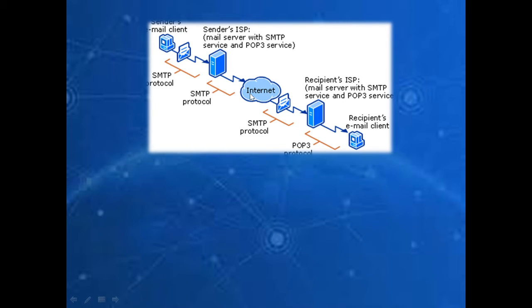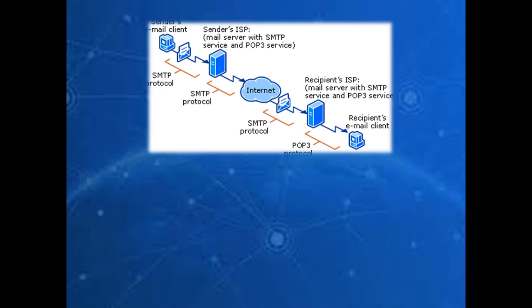Basically, when we are dealing with email, 3 protocols are being used. What are these protocols? The SMTP protocol, the POP protocol and the IMAP protocol. SMTP means Simple Mail Transfer Protocol.